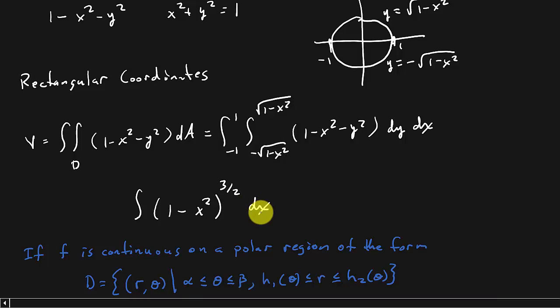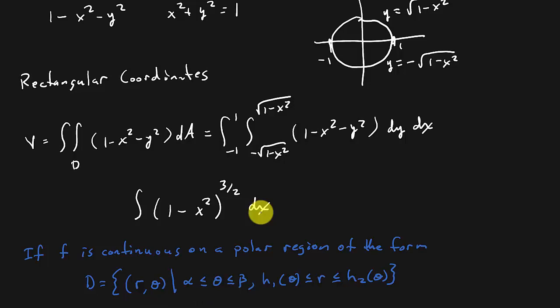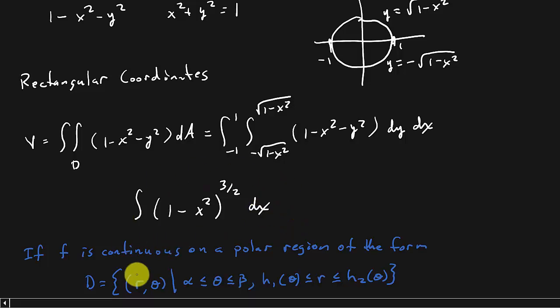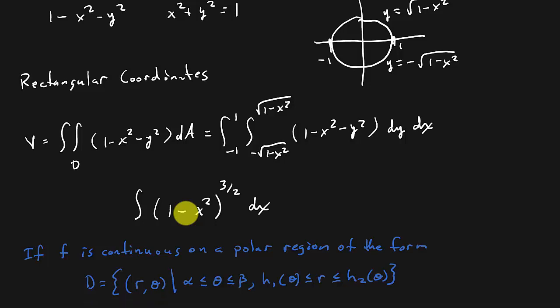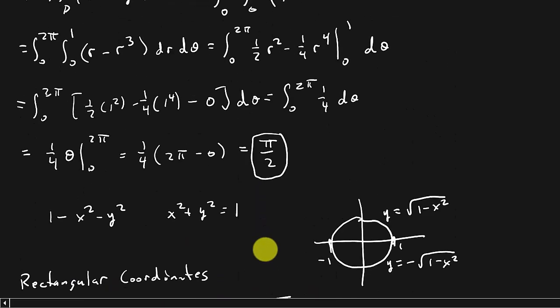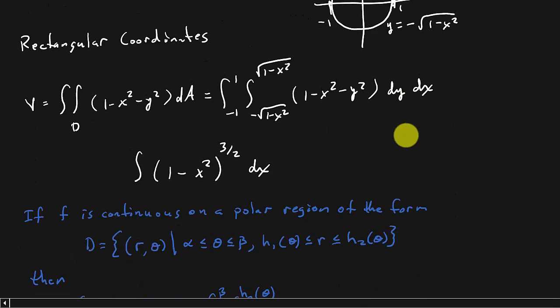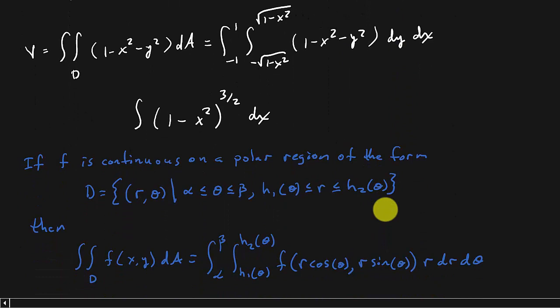Okay, and do you want to integrate that? I don't know, we may do trig substitution. Okay, that would maybe be something you would try on that. And do you really want to do that? No. So what we do is we convert it to using polar coordinates. Okay. All right, so I hope that helped.